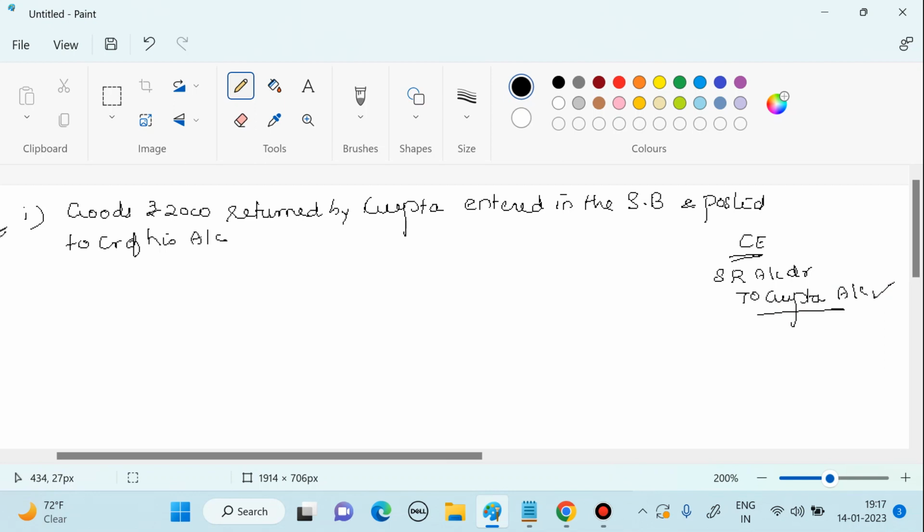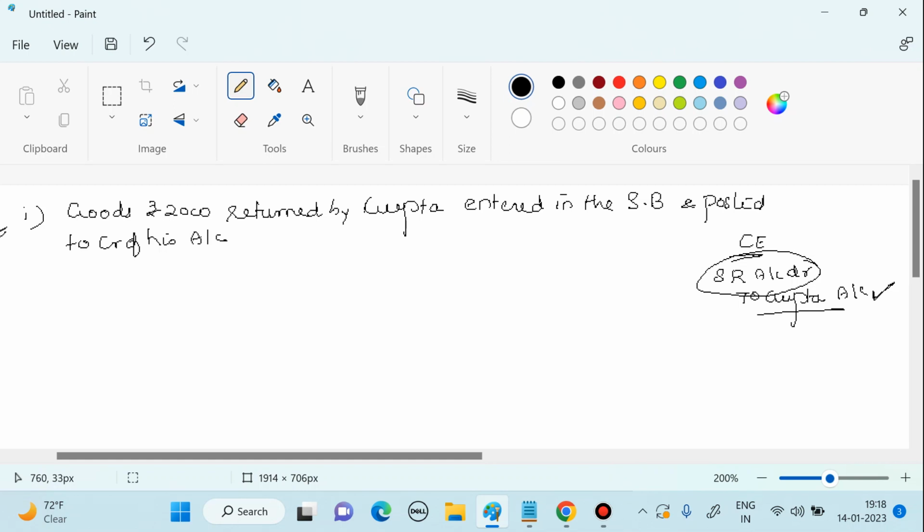Instead of that, they recorded it in the sales book, which means sales got credited. But while posting it from the sales book, they posted to the credit of his account. So the credit has gone correctly to Gupta account. The problem here lies in that you did not give a debit to sales return, and as it was entered in the sales book, what happened?